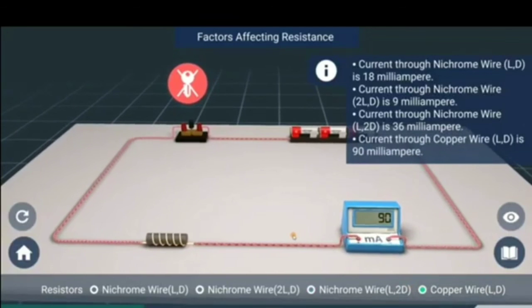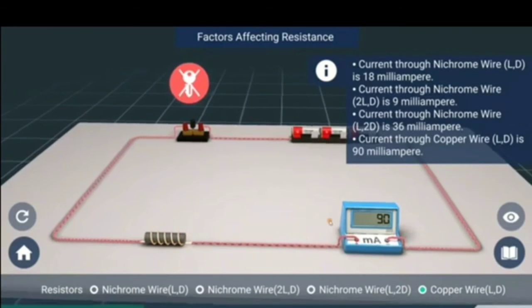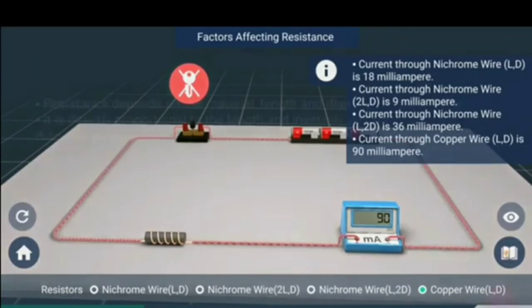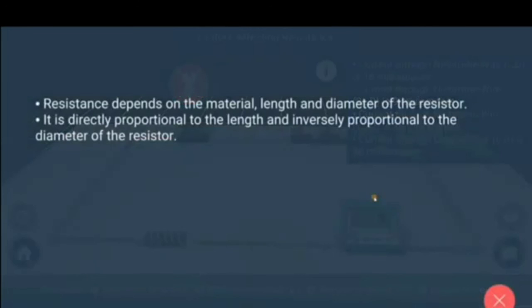Now see the last case. Instead of a nichrome coil, we have placed a copper coil of length L and diameter D like in the first case, but this time a 90 milliampere current was found. The nichrome wire of the same measures gave 18 milliamperes, while the copper wire reads 90 milliamperes. So that shows the resistance of a coil depends on material, length, diameter and cross-sectional area.